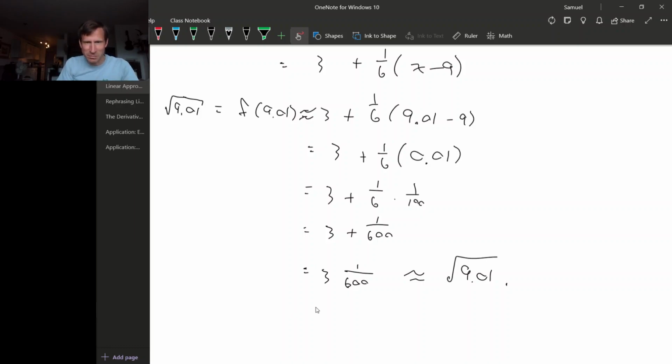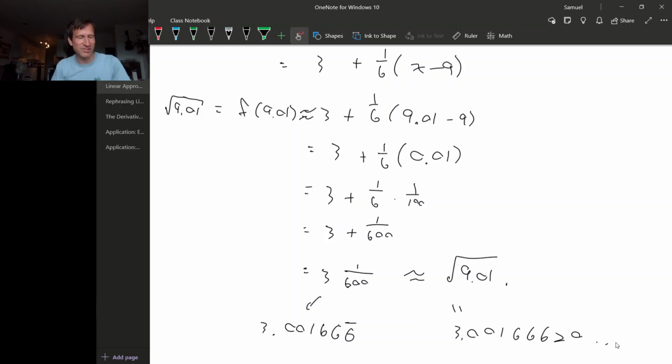So this is 3.0016, and then this 6 repeats forever. And if we take the square root of 9.01, we get 3.00166620, and then some more decimals after that.